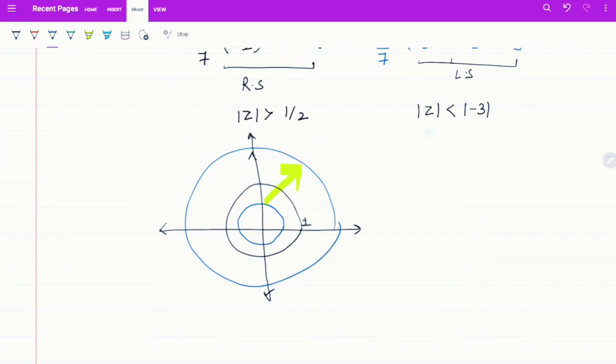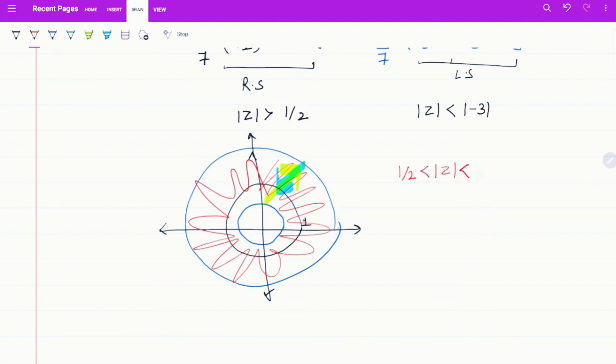The region of convergence should be less than 3, which means the ROC is inside the circle. So this is the common ROC, with limits 1 by 2 to 3. We can say the region of convergence lies between 1 by 2 and 3.